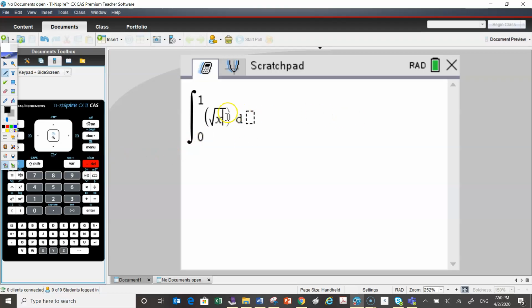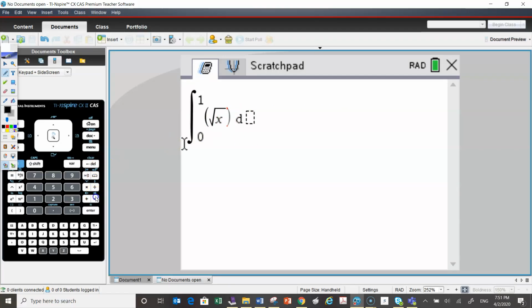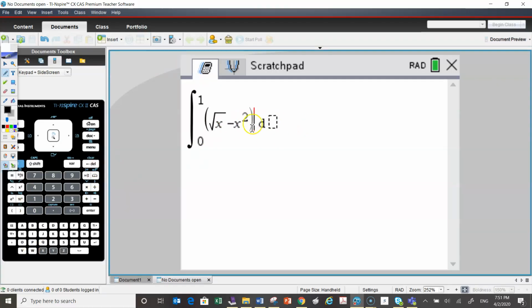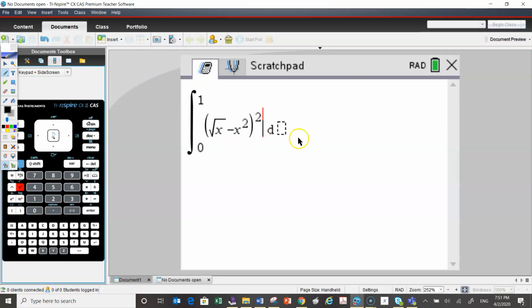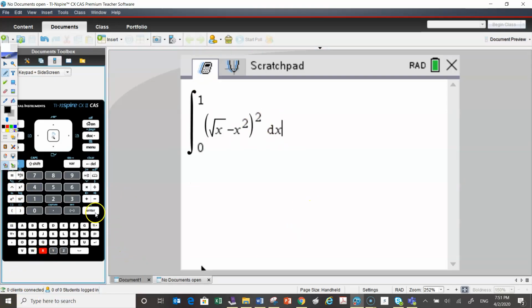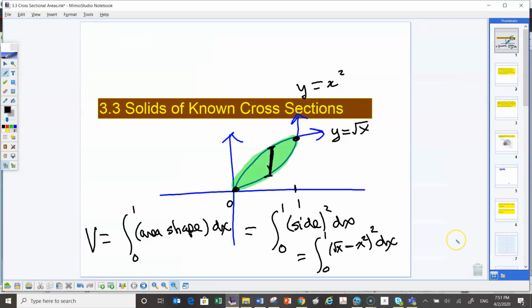I have to get outside the root function. Root x minus x squared, and this whole thing is squared with respect to x, and that is going to equal 9 over 70. So therefore, the volume of my three-dimensional shape would be equal to 9 over 70.